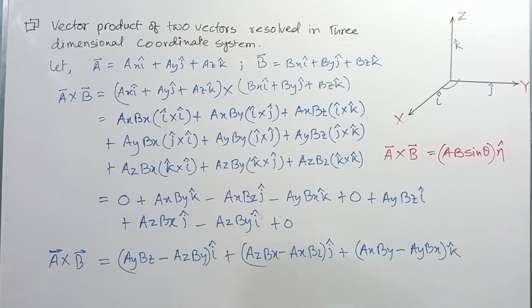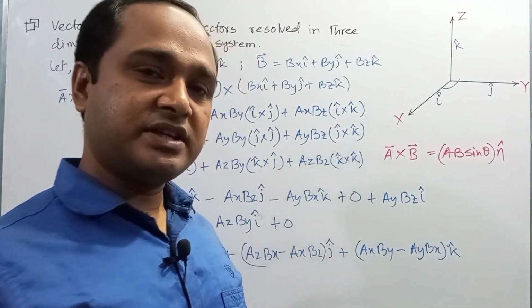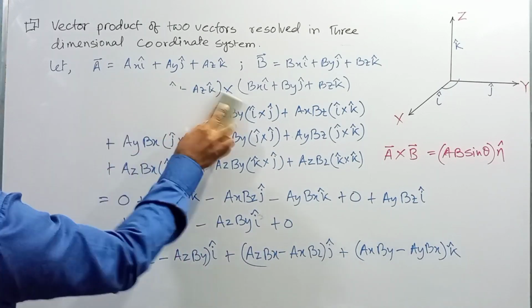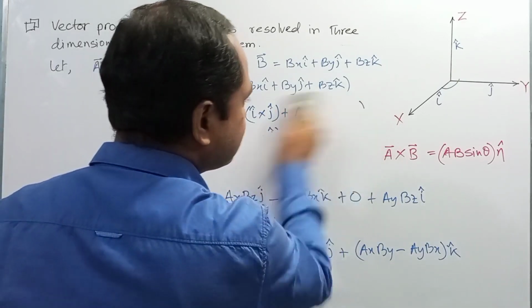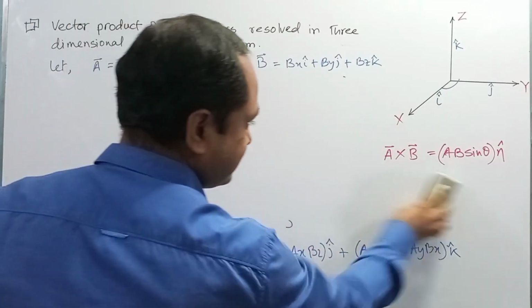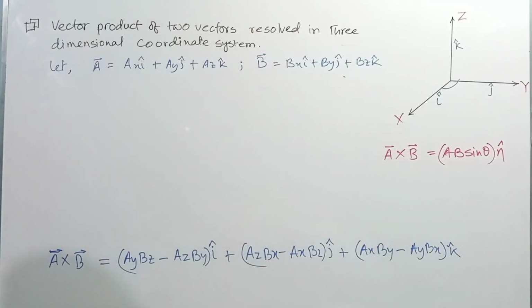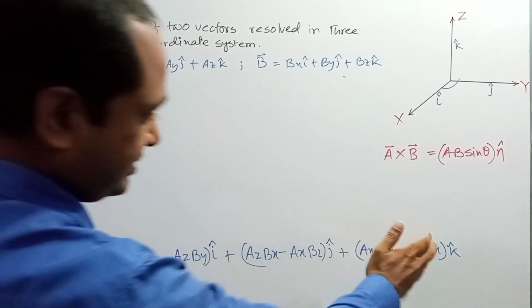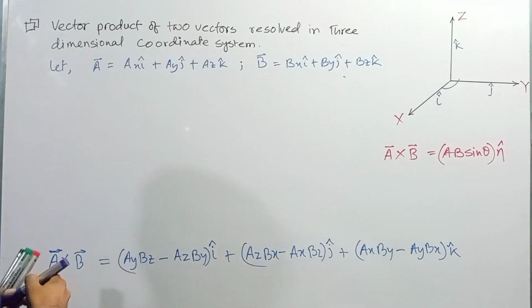So we can write a cross b is equal to this one, but I think this expression is very difficult to keep in mind, so we can apply a technique to keep it in mind and recall it easily. Dear student, you can rearrange this expression in determinant form.